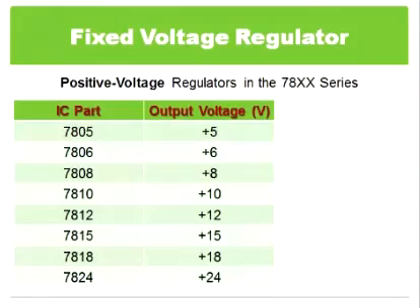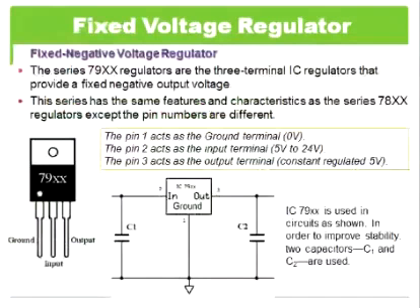The next one is the negative voltage regulators. If we want some negative voltage like minus 5 volt or minus 12 volt, we need that too. For that we have to use the 79 series ICs. The IC pin configuration is different here. The first pin is ground, whereas for the 78 series the first pin was input.